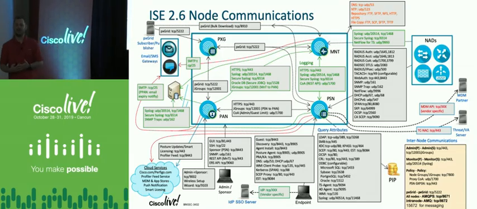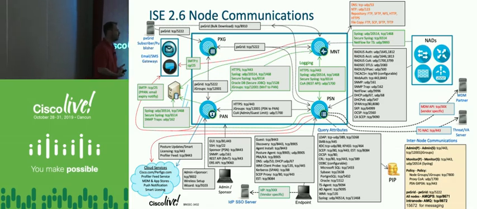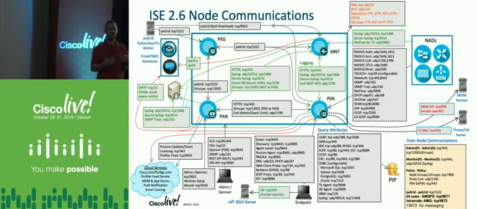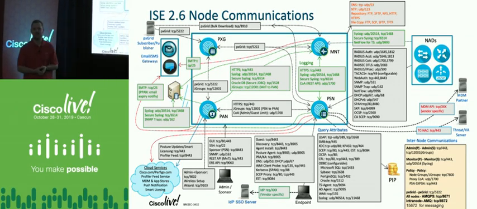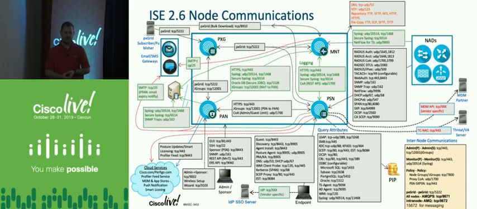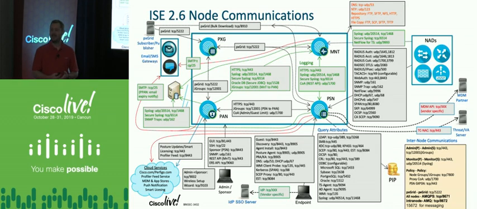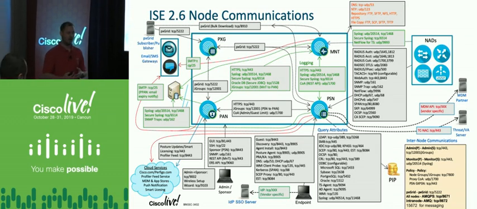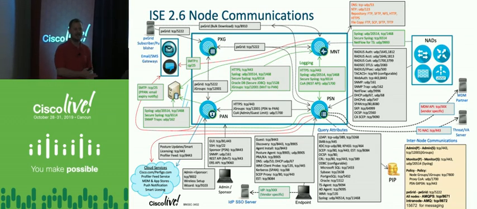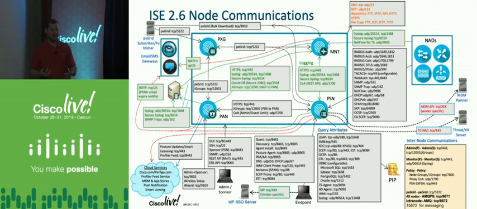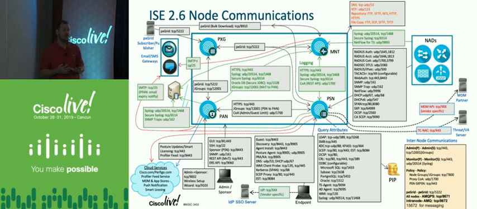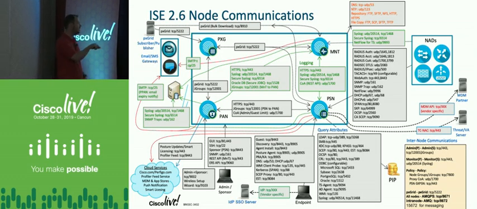Everyone should be familiar with this slide, which basically illustrates all of the ports and services that ISE uses for intercommunication. It's not one that even I would like to try to memorize. It is in the formal documentation. It's in almost every advanced ISE session that you would attend. The key thing here with 2.6 is some of the additions.